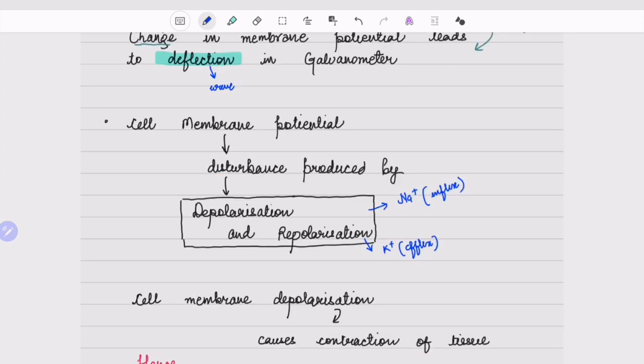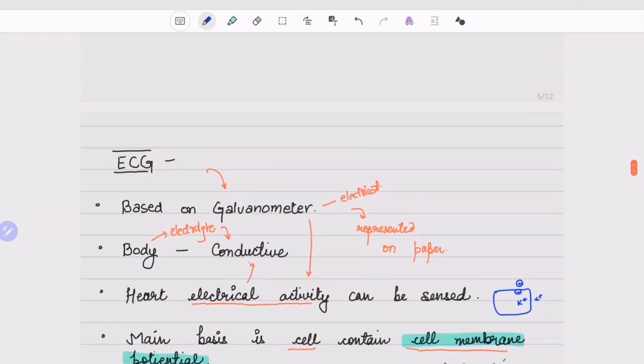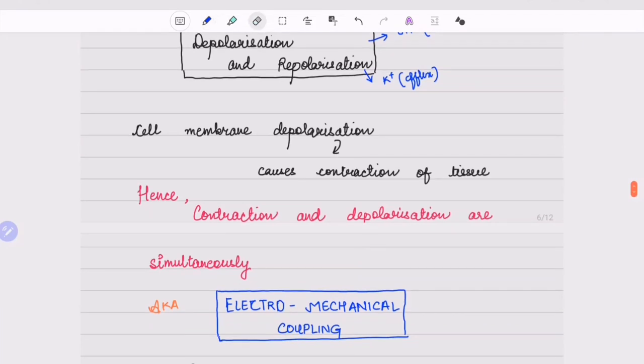So this process, the depolarization, causes the contraction of the heart, as the depolarization causes the movement of calcium ion inside, and the contraction occurs just like a skeletal muscle contracts, such that heart muscles also contract. Some mechanisms are different, but otherwise it is the same.